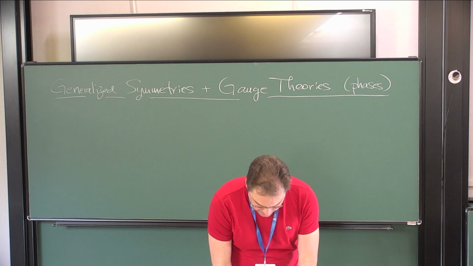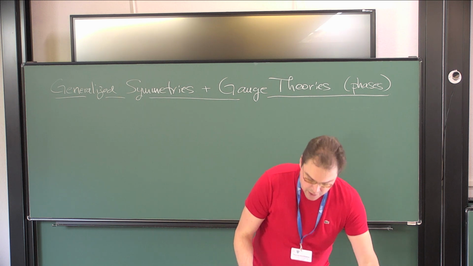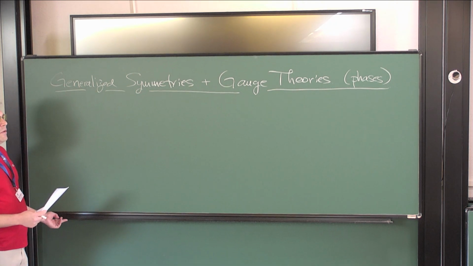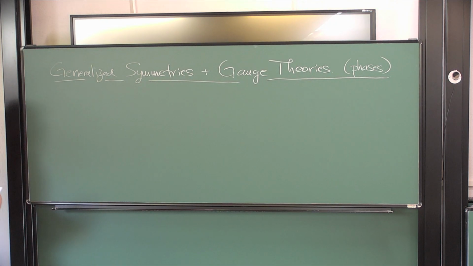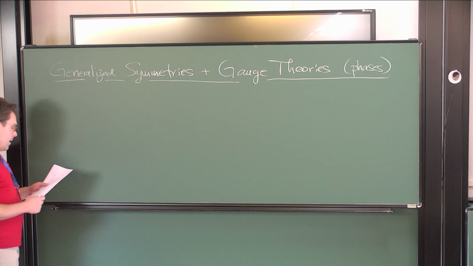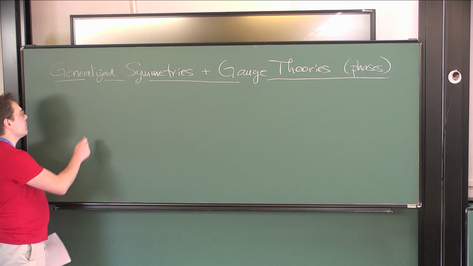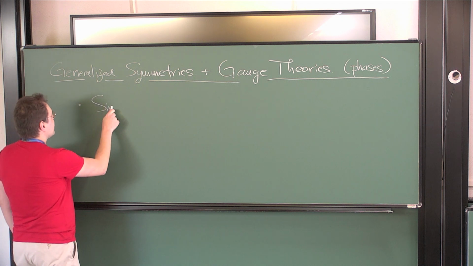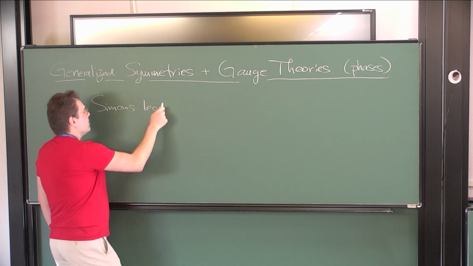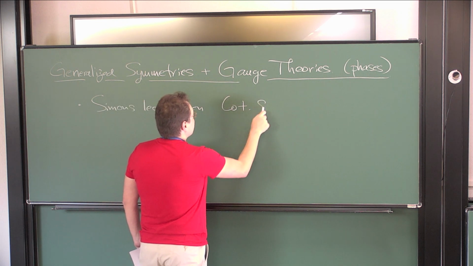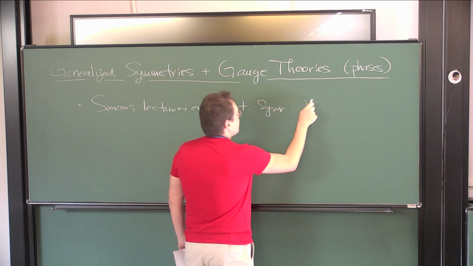Before I start, I will be very thin on references during the lectures, but let me mention a couple of very big picture, top-down places where you can go and read, and if you have more specific questions, I'm happy to go into specific papers or reviews. One place you can start is the Simons lectures on categorical symmetries. Volume 1 is now on the arXiv.